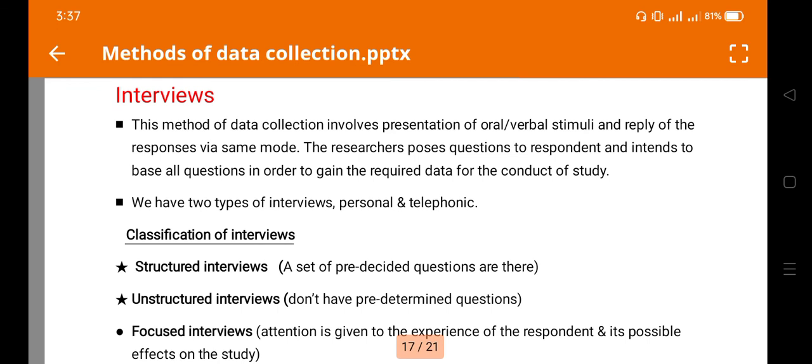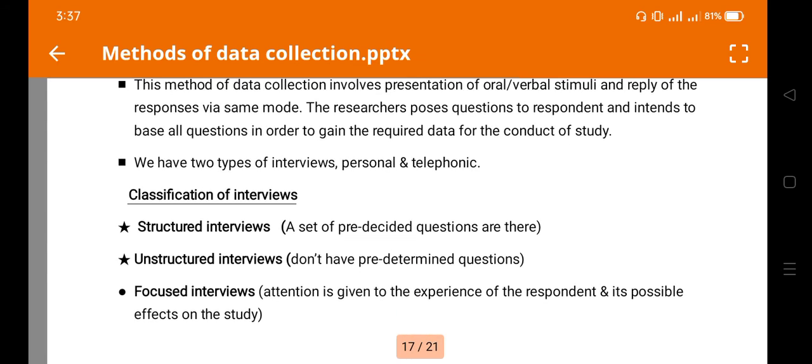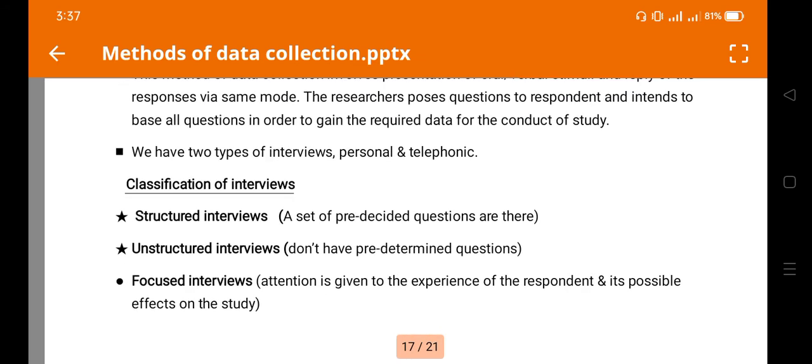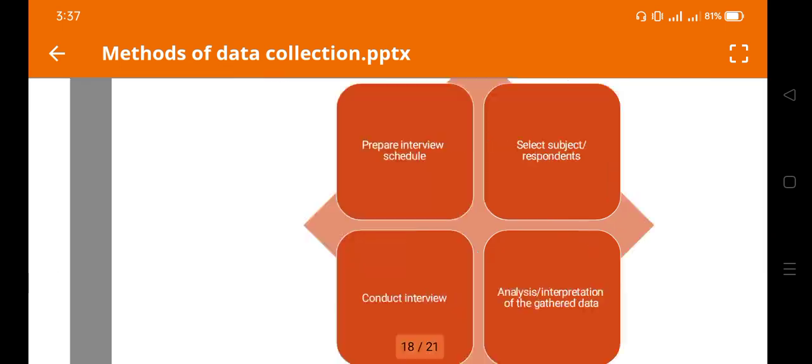And then further classification of interviews include structured interviews, in which a set of pre-decided questions are made. And in unstructured interviews, you don't have predetermined questions. While in focus interviews, the attention is given to experience of respondent and its possible effects on study.